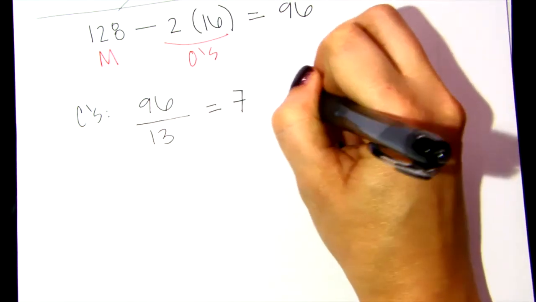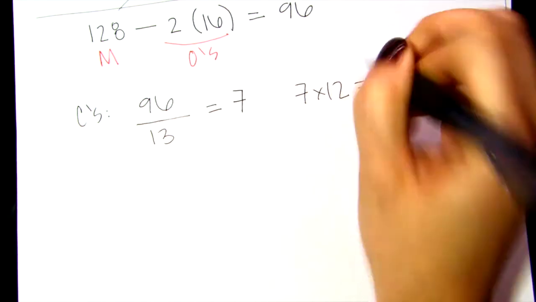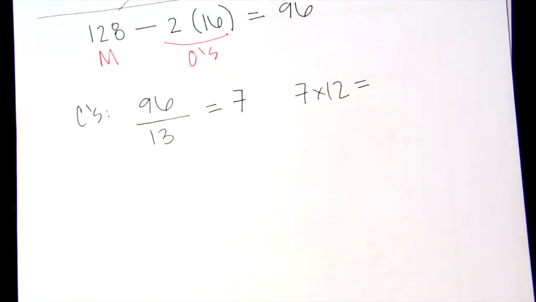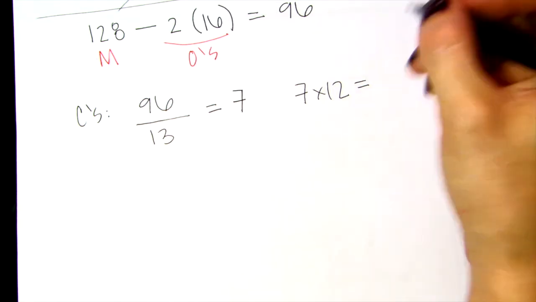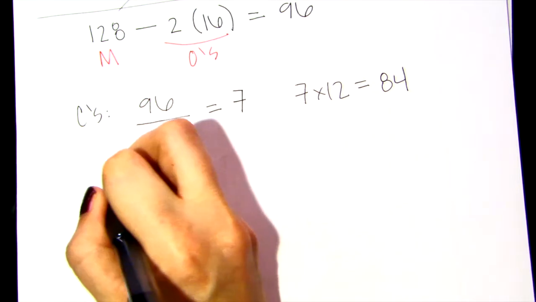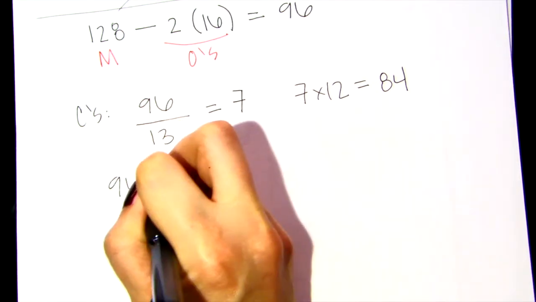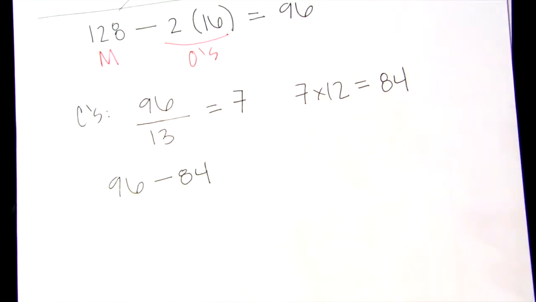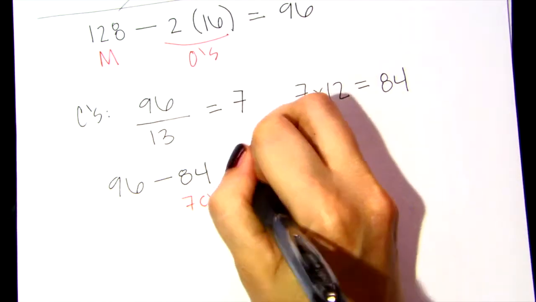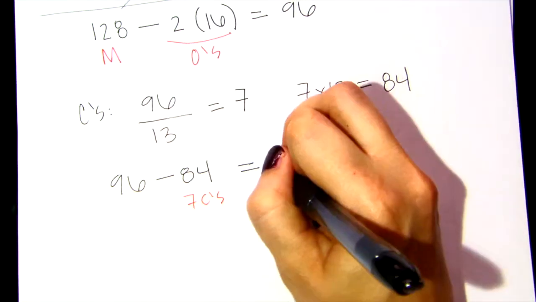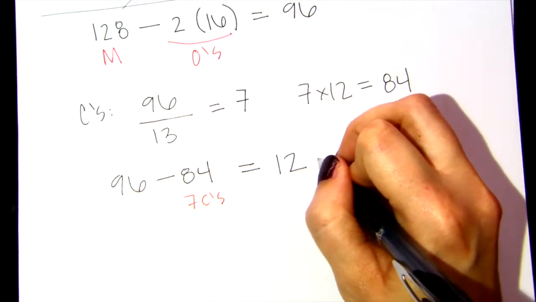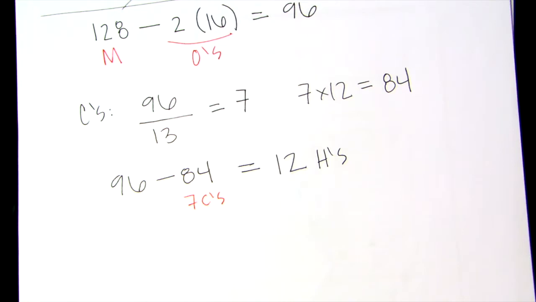And so 7 times 12, I typed it wrong, it's 84. And then we can take our leftover mass, 96, and subtract the mass of 7 carbons. And then that comes out to 12. And then that leftover mass is probably the H's.